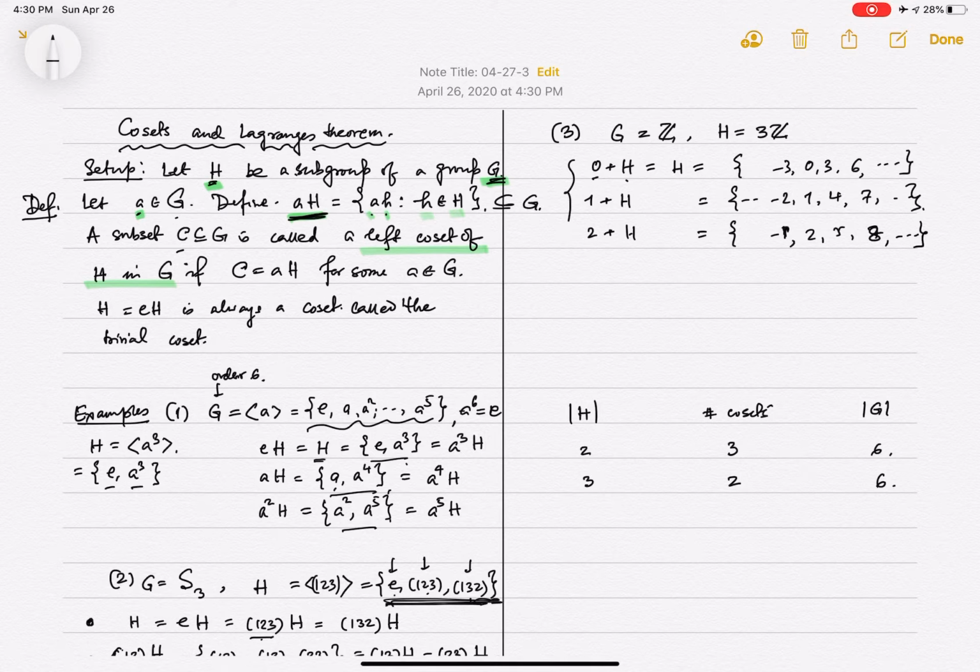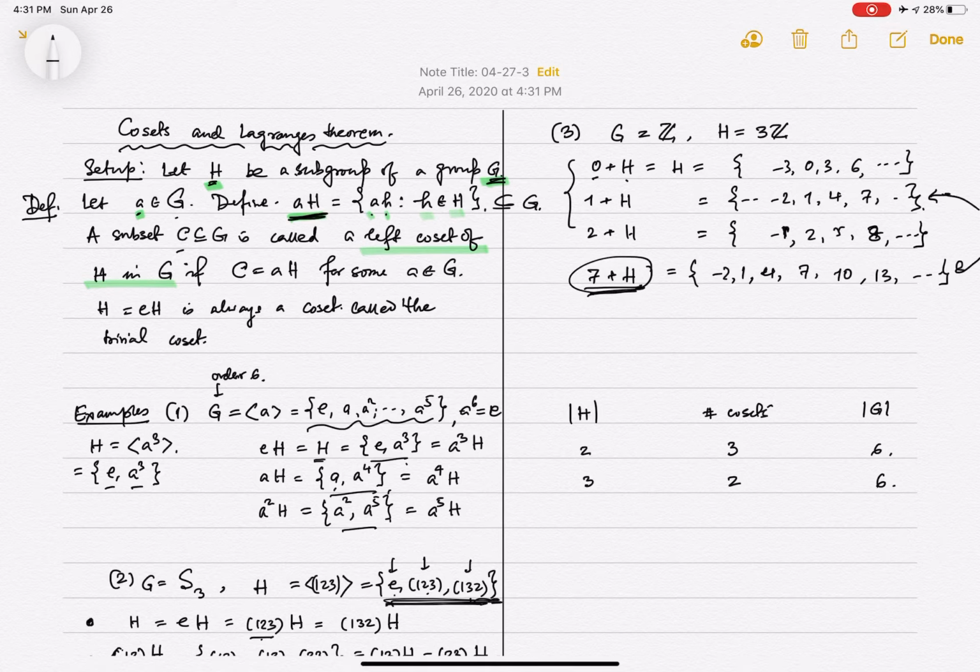And I claim these are all the distinct cosets. For example, if you take the coset of 7, you're going to add 7 to all the multiples of 3, and what would you get? You'll get 7, 10, 4, right? 7 plus minus 3 is 4, and then 7 plus minus 6 is 1, and minus 2, and 13, etc. So the coset of 7 is exactly the same as the coset of 1.